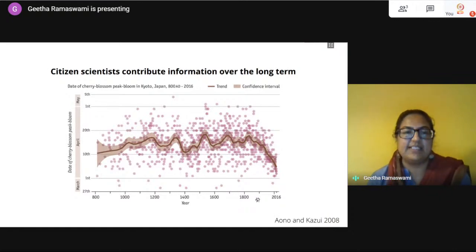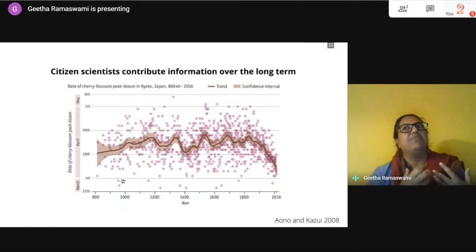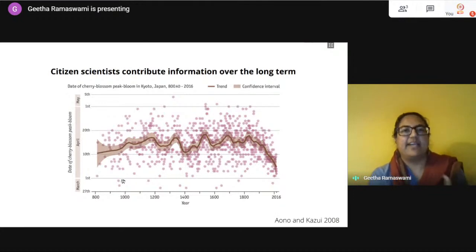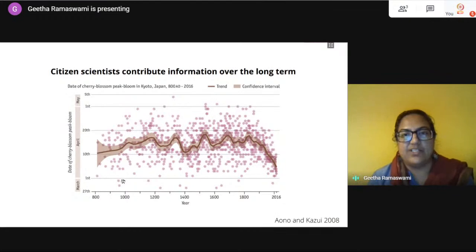Yes, literally centuries. 1200 years ago, the first documentation of the cherry tree blossoming in the city of Kyoto was recorded. And this record started with princely records, the records in the courts of kings, and this eventually became a more systematized scientific understanding of when cherry trees were blossoming in the city of Kyoto.